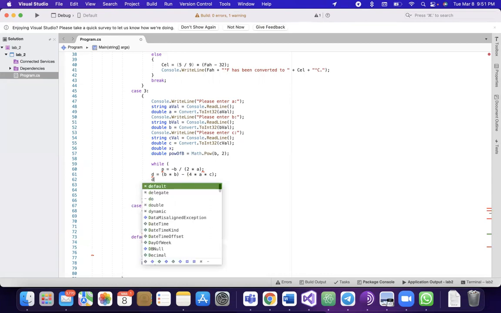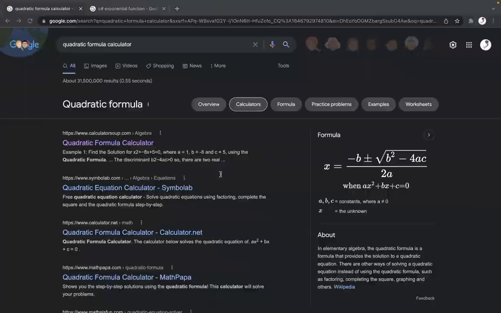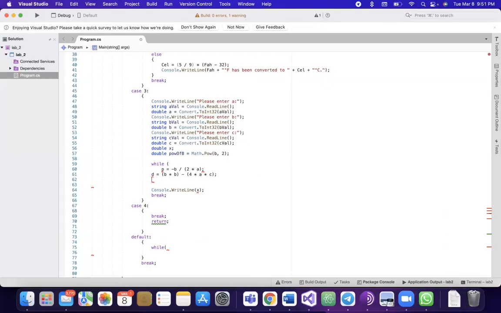But you know what you could also do? You could do D divided by 2A. So here, I'm just going to create new variables.